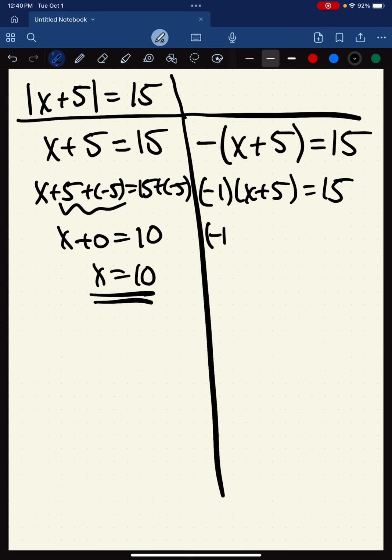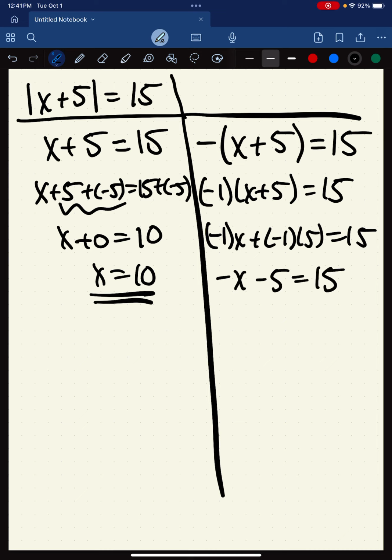So we get negative 1 times x plus negative 1 times 5, 15. We're left with negative x minus 5 is 15. We can take both sides and add 5. So we're left with negative x is equal to 15 plus 5, which is 20.